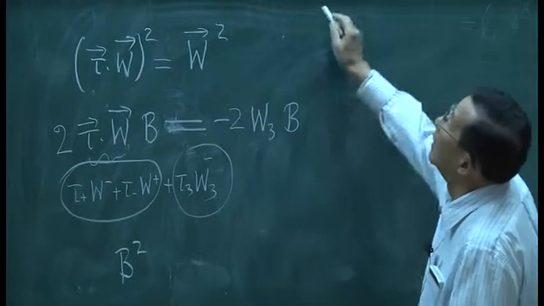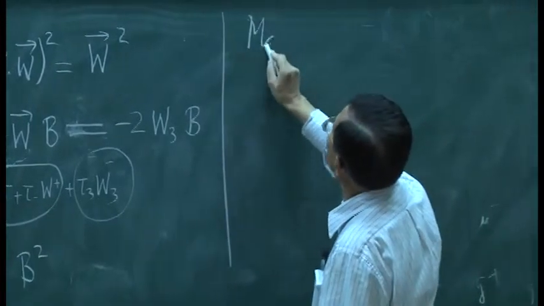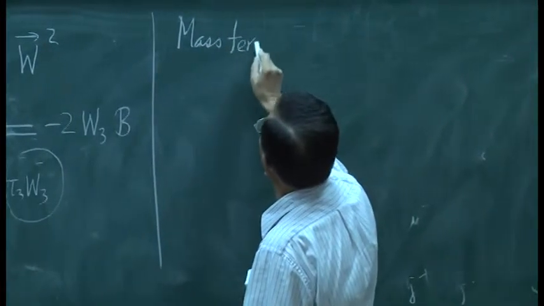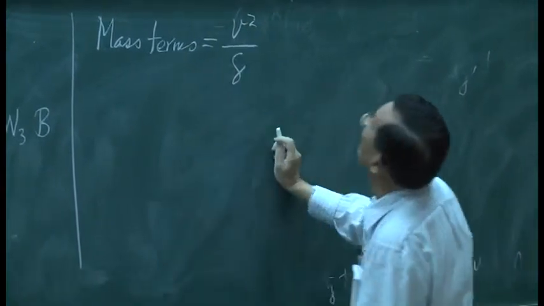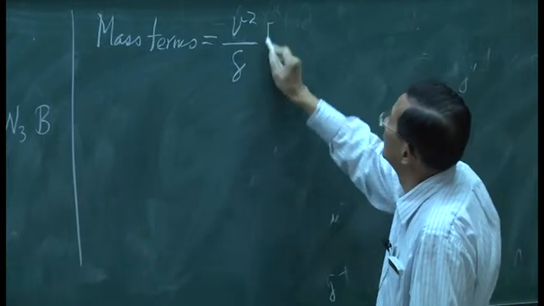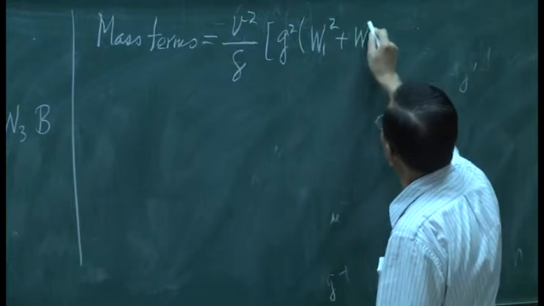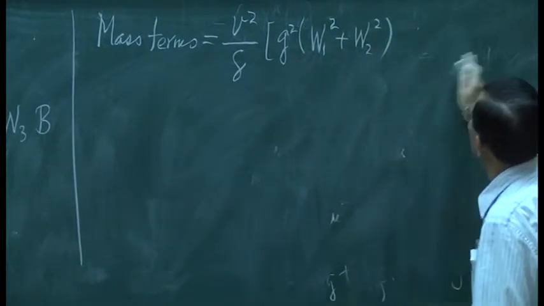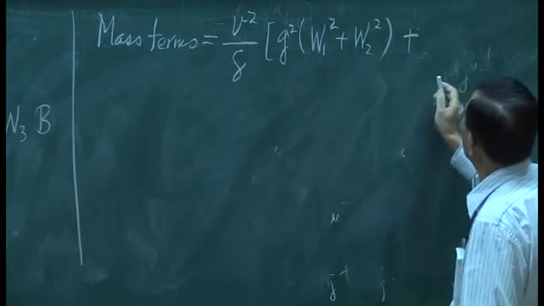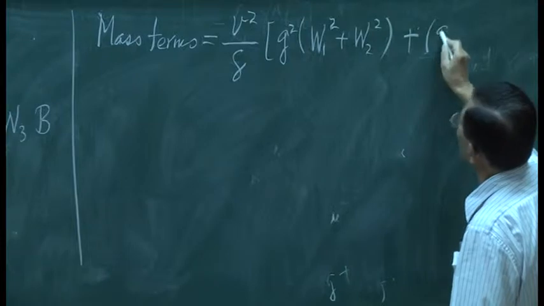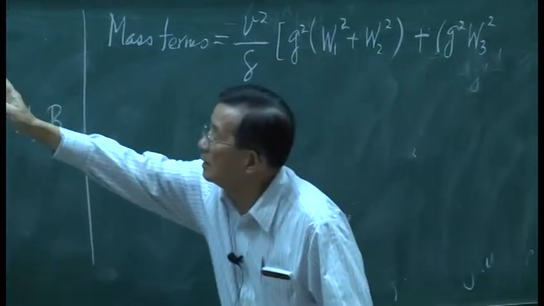So, the mass term equals v squared over 8, and then I get g squared (W1 squared plus W2 squared). And then I have, let me do here, g squared W3 squared coming from here.